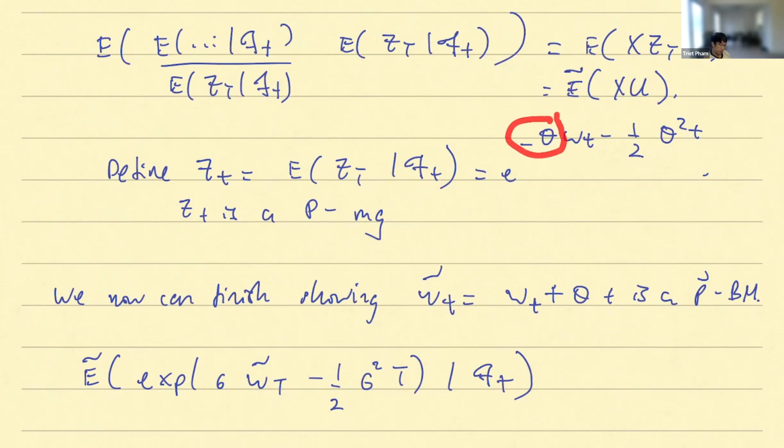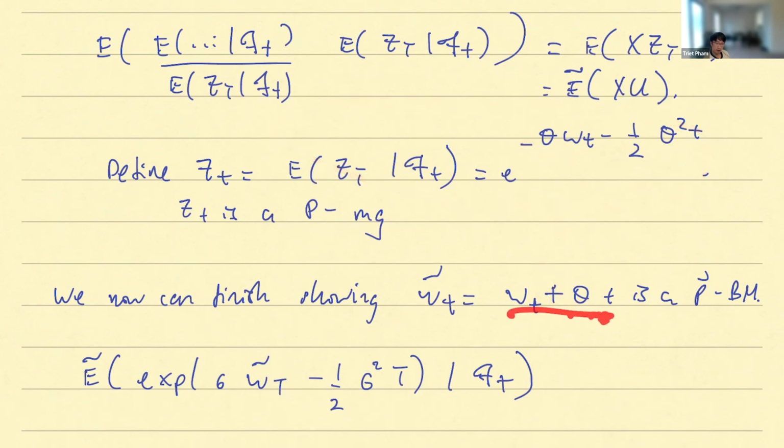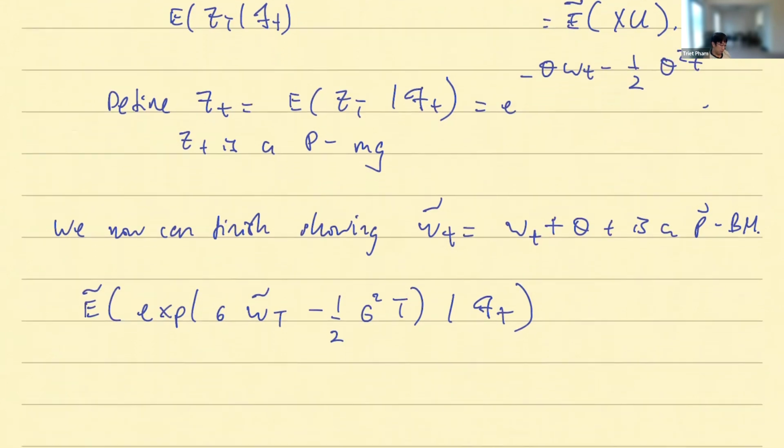This minus sign plays a super important role. If you change it to a plus sign, the result is wrong. It's very important that we have the framework right. It's a minus here, so it's a plus here, because you will have the wrong drift sign if you use the wrong change of measure kernel.